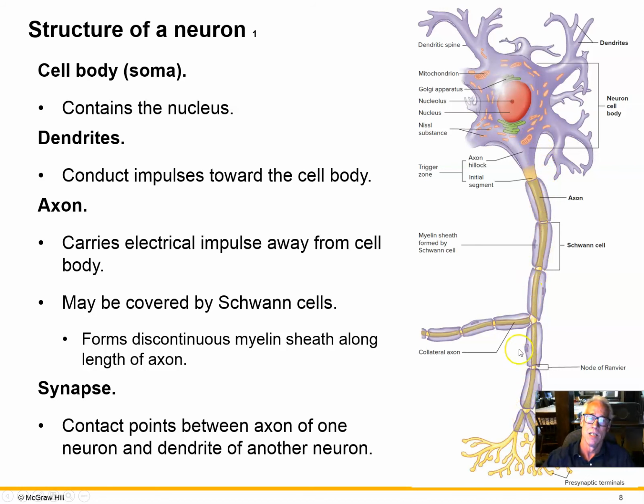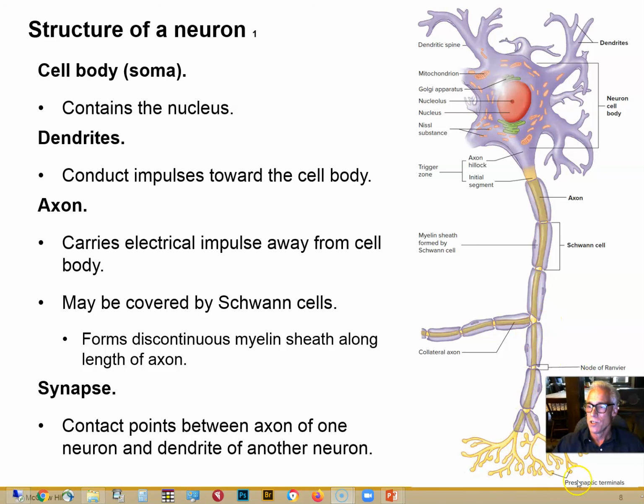And the axon is the process that carries information out from the neuron to either another neuron or to an effector organ. The axon has terminals down here, axon terminals, which, as we'll see later, are the site of neurotransmitter storage and release in order to communicate with the next component of the circuit.